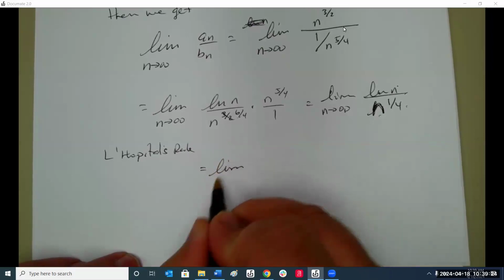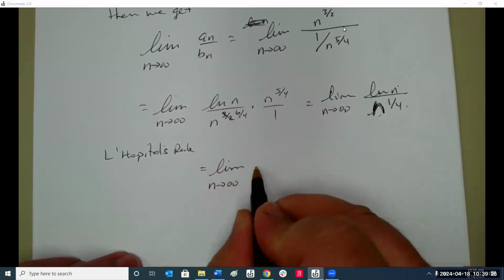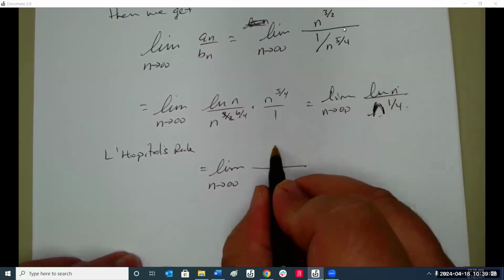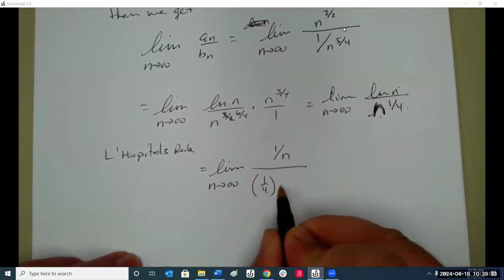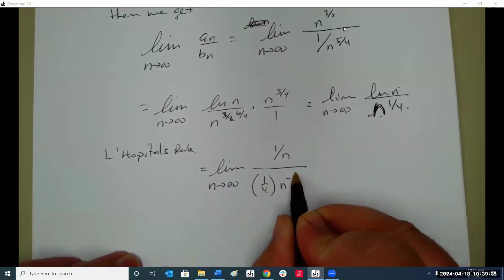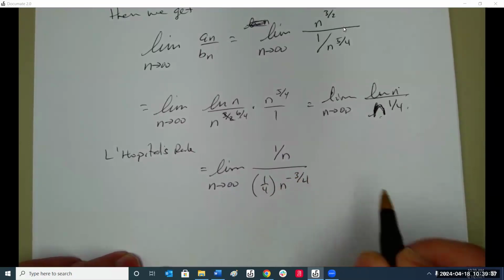You get the limit as n approaches infinity. The derivative of ln is 1 over n, over 1/4 n to the power -3/4.